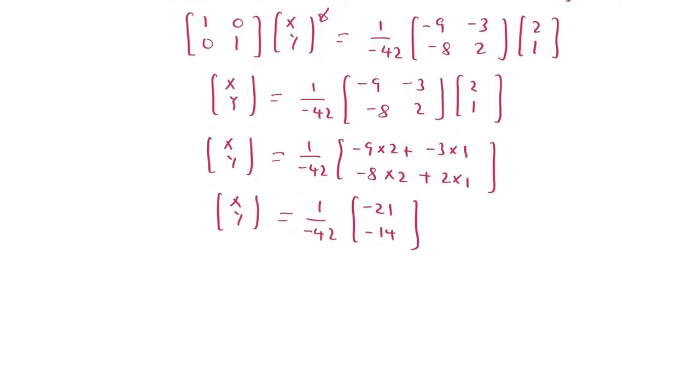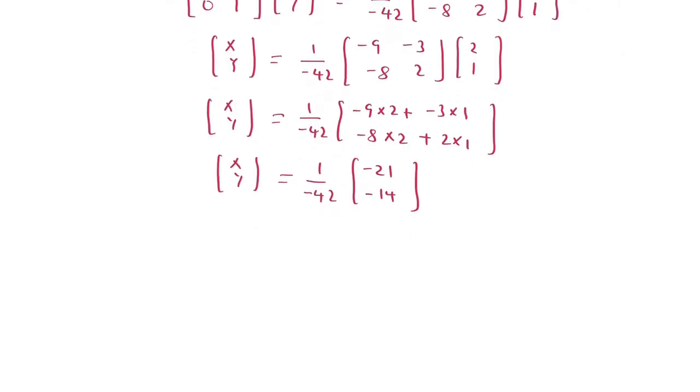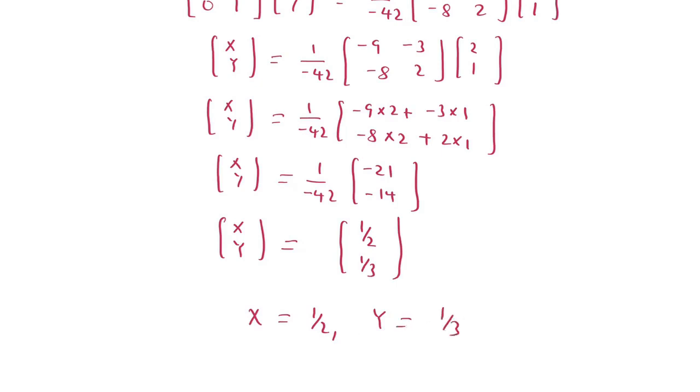Okay, so now let us apply scalar multiplication of a matrix. We are going to have x, y equals matrix 1 over 2, 1 over 3. Therefore, the value of x equals 1 over 2 and the value of y equals 1 over 3.